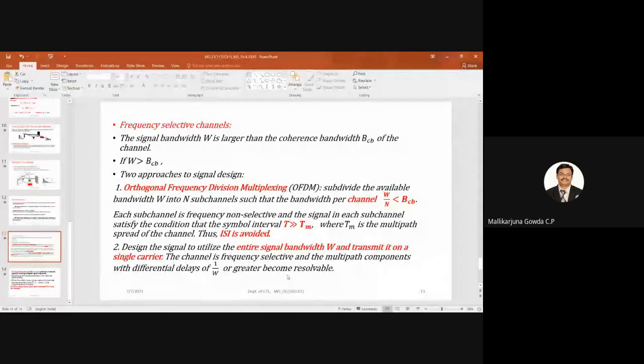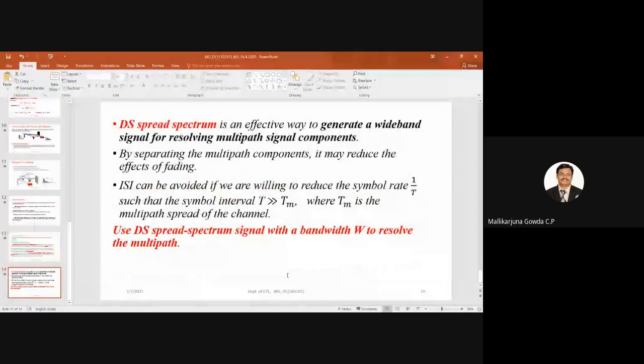Direct sequence spread spectrum is an effective way to generate the wideband signal for resolving the multipath signal components. This is how spread spectrum comes into the picture in avoiding inter-symbol interference in case of multipath. By separating the multipath components, it may reduce the effects of fading.